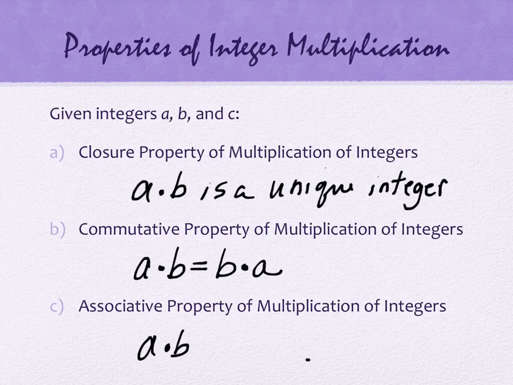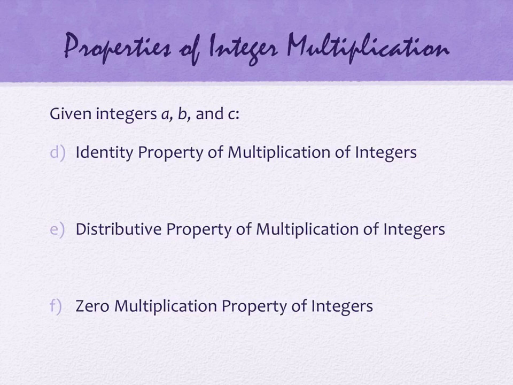A times B times C, and the first 2 are grouped together, is equal to what? A times B times C grouped together like so. Looks good. All that's just like whole numbers, right?